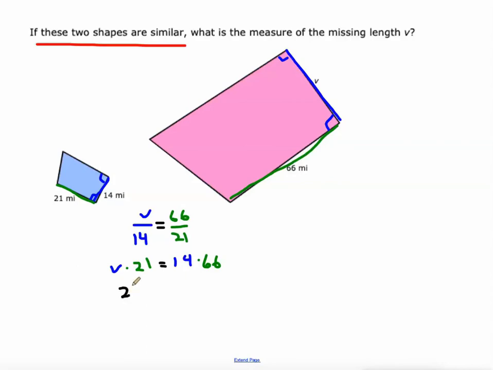Okay, V times 21 is just 21V, and 14 times 66 is 924. To solve this equation, you just divide both sides by 21, and 924 divided by 21 is 44. And this time we're measuring in miles. IXL puts the measurement in there for you, so all you have to do is type 44.